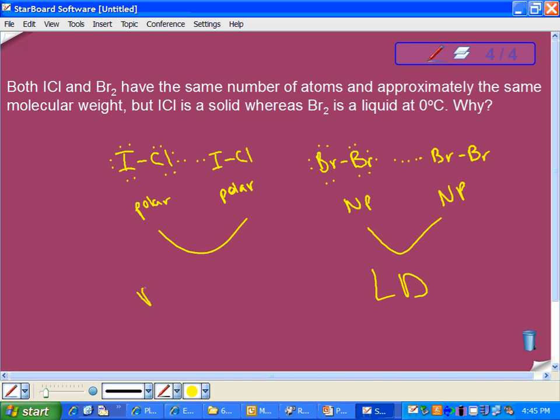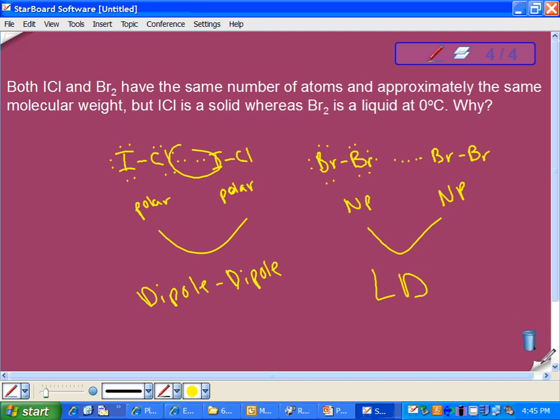What this has going for it is something called dipole-dipole. Okay, and this is a stronger intermolecular force, so therefore it's more likely to be solid. This is weaker, so it's more likely to be a liquid, and even weaker, it's more likely to be a gas, and that kind of explains the forces that are holding them together. The stronger the force at room temperature, they're more likely to be a solid.